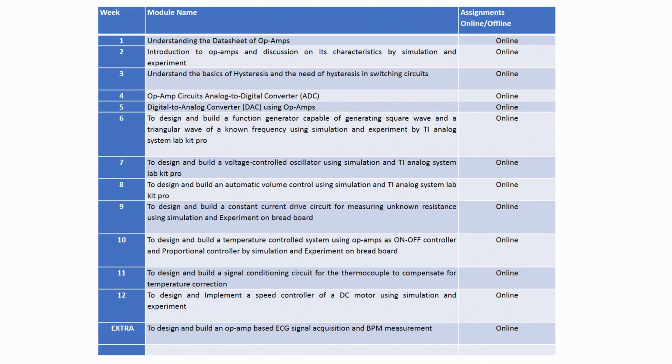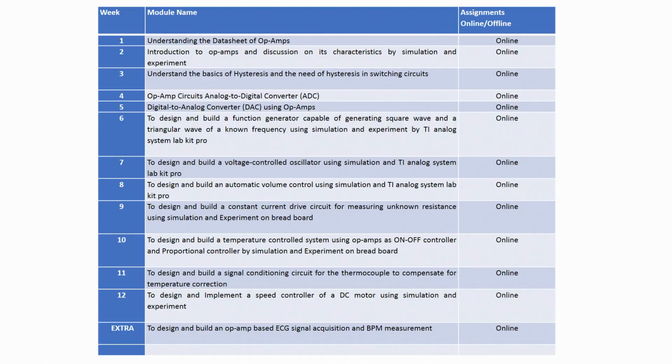Then a very important application of op amp is in ADC and DAC, analog to digital converter and digital to analog converter. We will see both applications of op amp, how we can design ADC and DAC based on op amps.